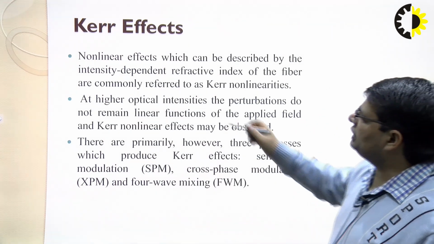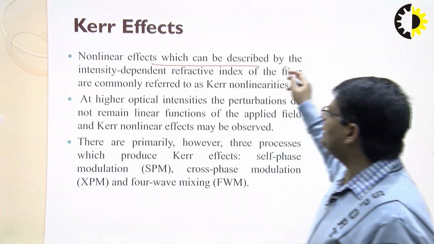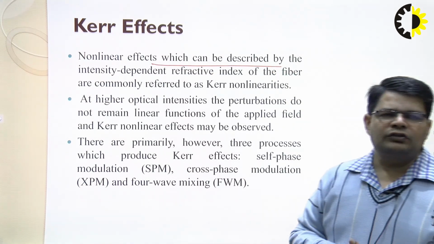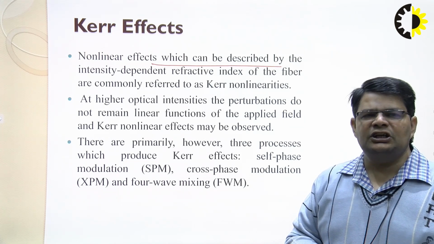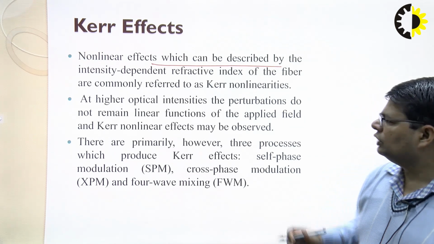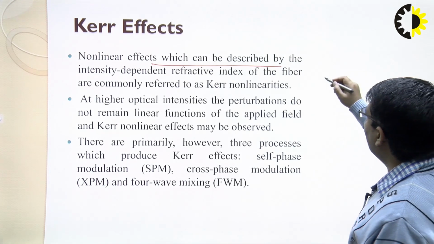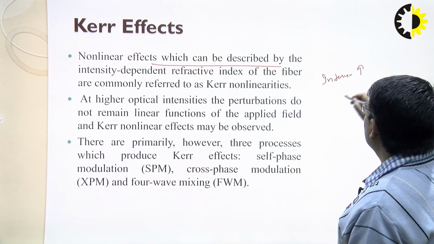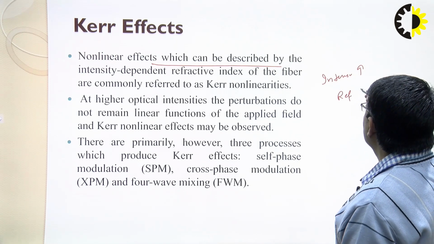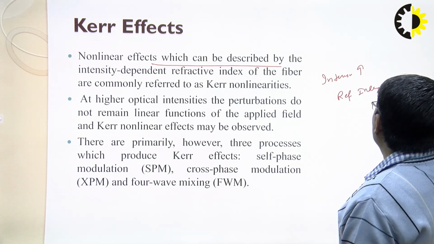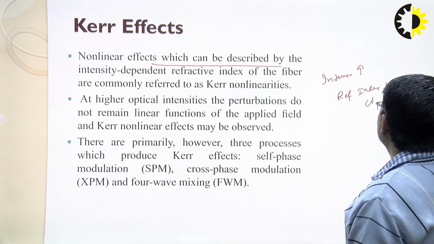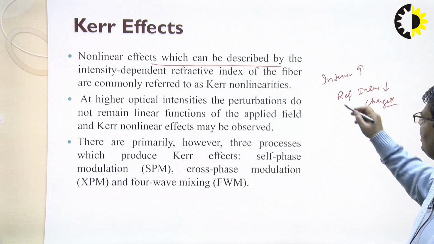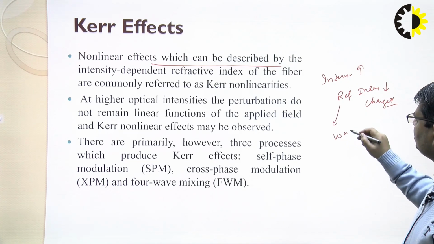So now, what is the Kerr effect? The Kerr effect is basically a non-linear effect where the refractive index of the material becomes intensity dependent. So whenever we have a high intensity signal, the refractive index gets modified or changed, and this change in the refractive index is a kind of waveguide perturbation.